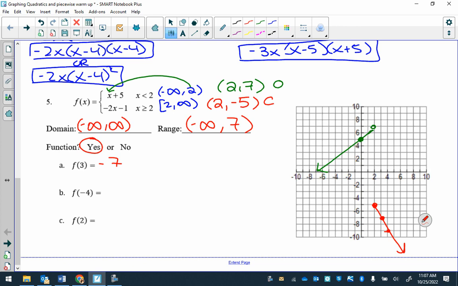F of -4 would be what? Liz? Careful. -4 plus 5, 1. It's okay. F of 2, we already know, would be? -5. Good.